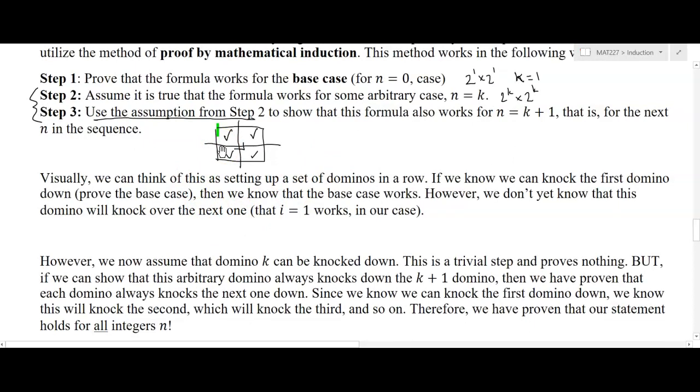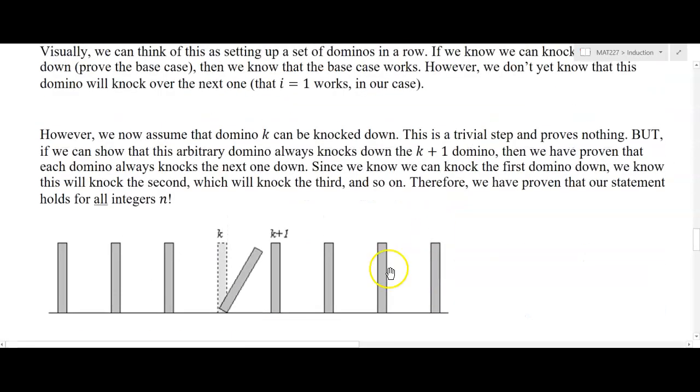If we know we can knock the first domino down, that is, prove the base case, then we know that the base case works. However, we don't yet know that this domino will knock over the next one. So consider each domino to be a representation of each of the different values of n that we can have. Now here we have this very first domino.